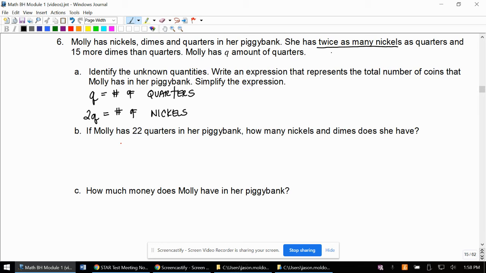Even though this is a let statement, it's almost like an equation. We're saying 2Q equals N. And if there's more nickels, we need to double the one that there's less of. And then the same thing for dimes and quarters. 15 more dimes than quarters, so there's more dimes, which means I need to add 15 to the quarters to set these equal.